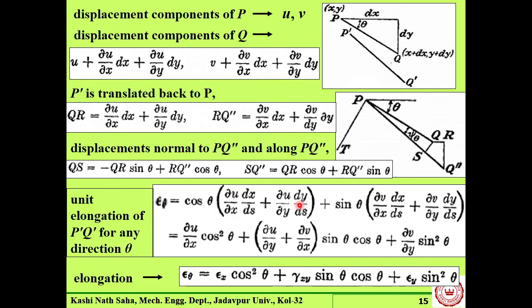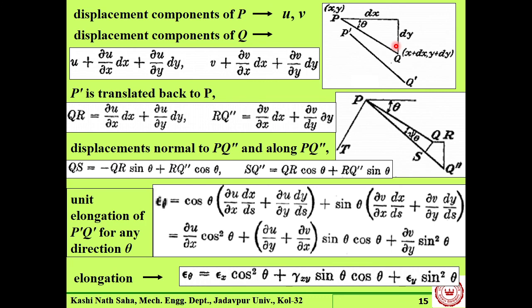So here, take a note that instead of finding the strain through this process, if we calculate the square of this quantity and the square of this quantity, that means p prime q prime square minus pq square, and then we subtract, what do we get?